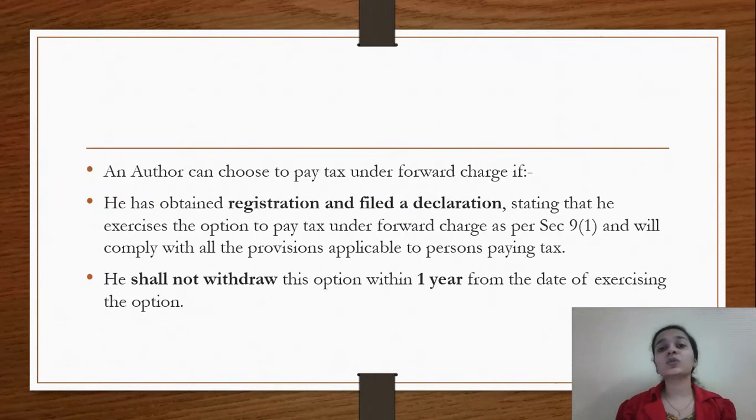So we are not going to look at the financial year in which he has exercised the option, we are going to look at the date on which he has exercised the option. It is not that the option will expire as the financial year ends. No, there is no such case.